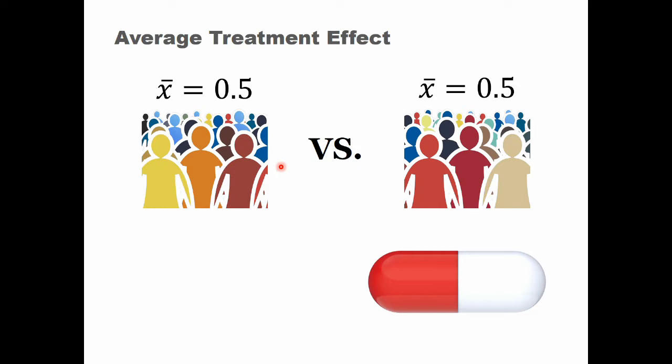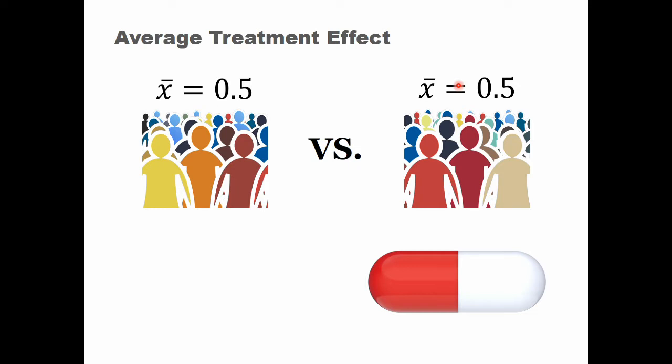There might be a lot of variability in the people, but on average those errors would cancel out, and I'd wind up with an average future potential outcome in the two groups that's very close. So if I saw a difference between the two groups, I'd conclude there was some effect of the drug. And that's the average treatment effect.